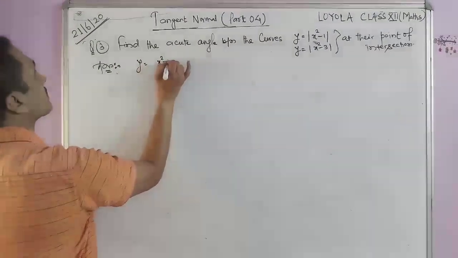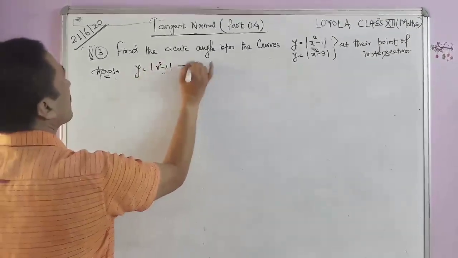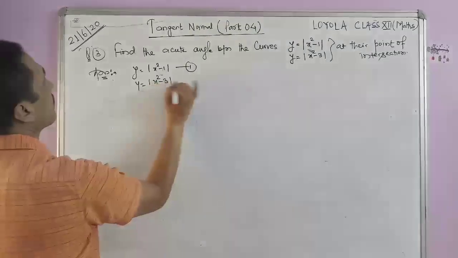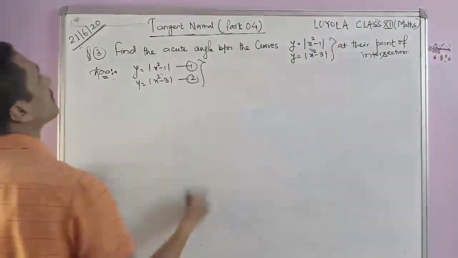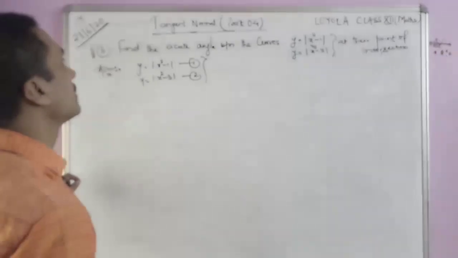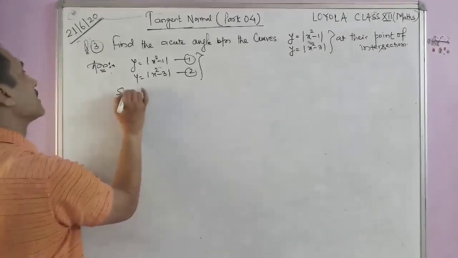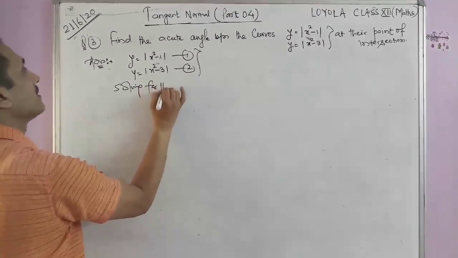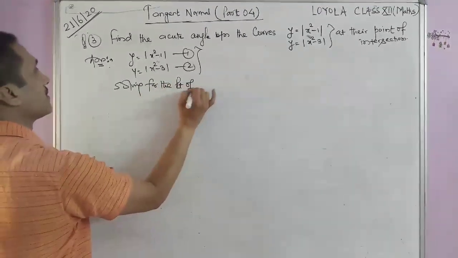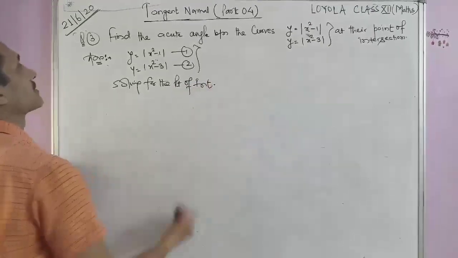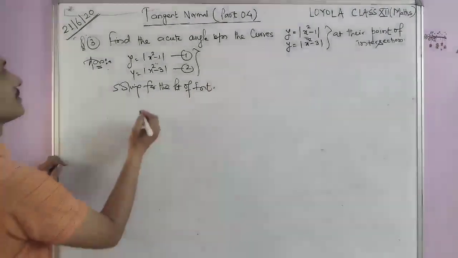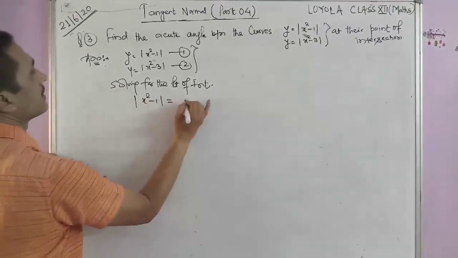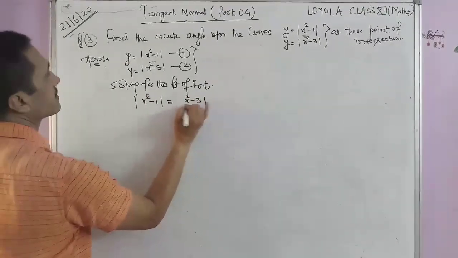Solving for the point of intersection: modulus of x square minus 1 equal to modulus of x square minus 3.